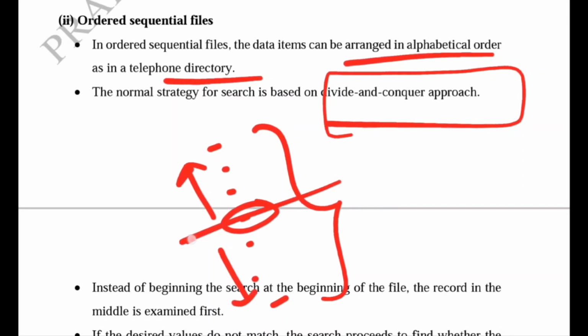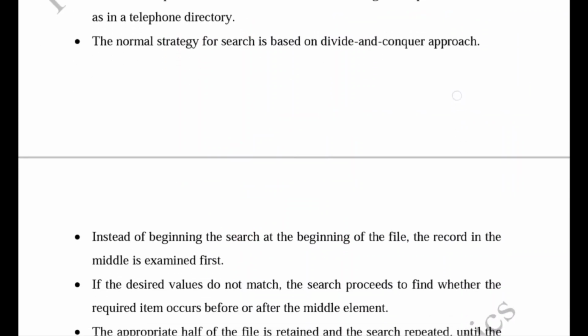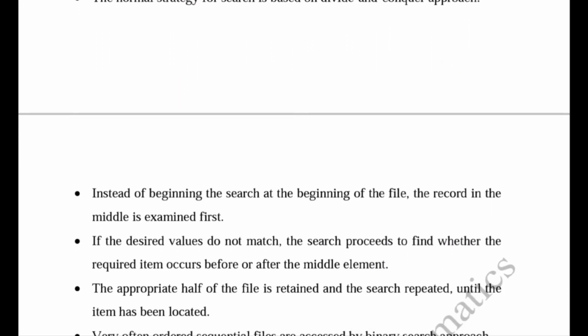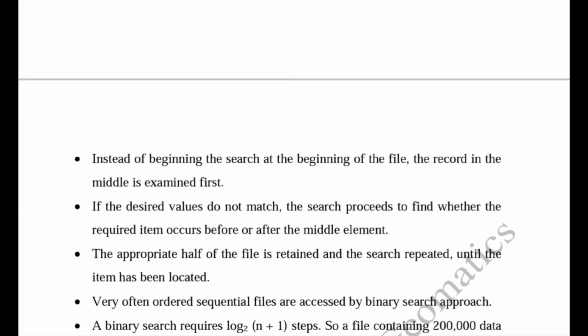So we divide the data, and after that we search for the item. As we know the item may be on the upper side or the lower side of the middle data, it requires less time compared to the simple list for searching a single item. So instead of beginning the search at the beginning of the file, the record in the middle is examined first.